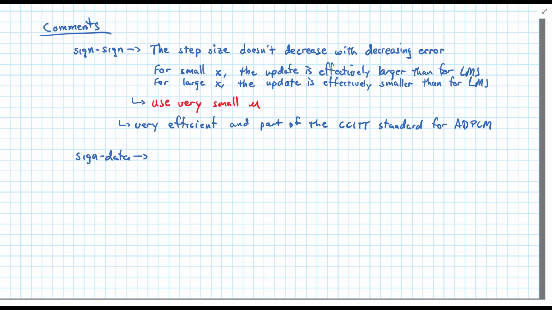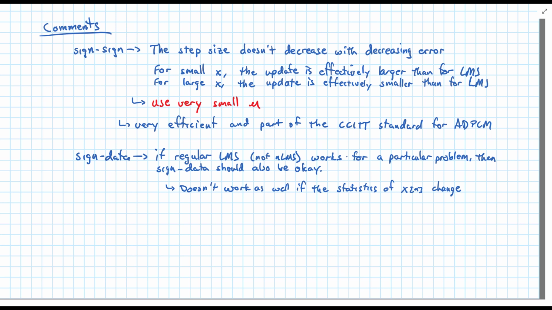But for regular LMS, the sign data is a reasonable approximation that reduces the amount of computation required. One thing to note with the sign data is that, like the sign, your update requires only an addition or a subtraction. What's different is that rather than adding or subtracting mu, we add or subtract the quantity mu times e.